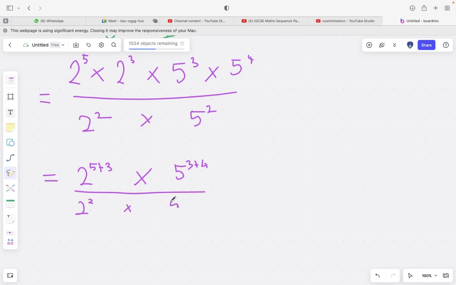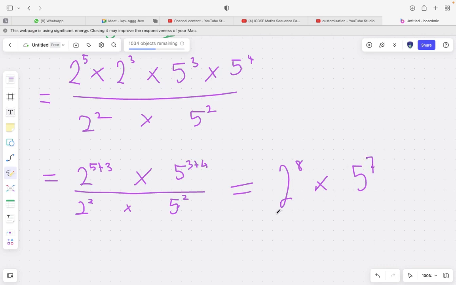Now we have the next step. We have 2 to the power of 8, because 5 plus 3 is 8, times 5 to the power of 7, because 3 plus 4 is 7.